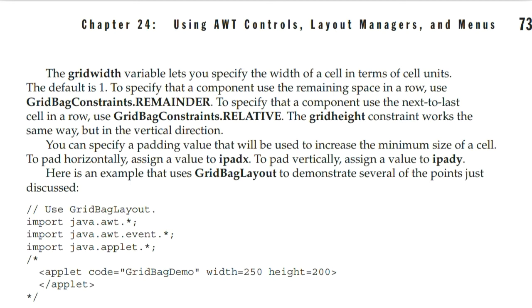You can specify a padding value that will be used to increase the minimum size of a cell. To pad horizontally, assign a value to ipadx. To pad vertically, assign a value to ipady.